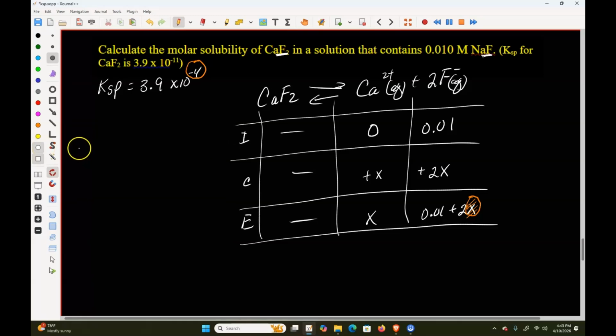So we're going to say the Ksp, which is 3.9 times 10 to the negative 11, is going to equal my calcium times my fluoride. That'd be 0.01 squared.